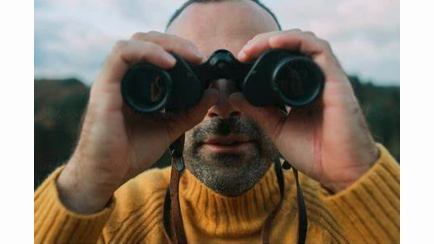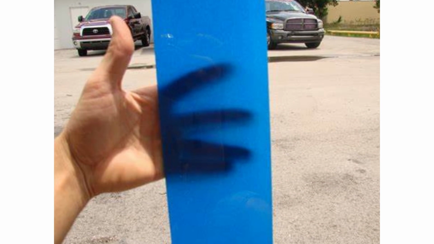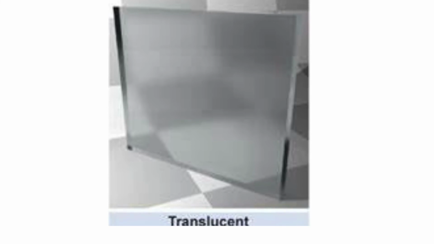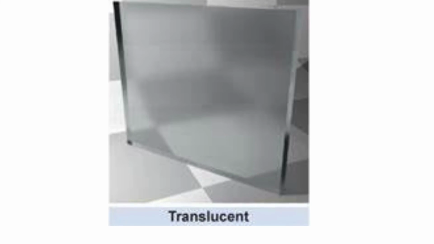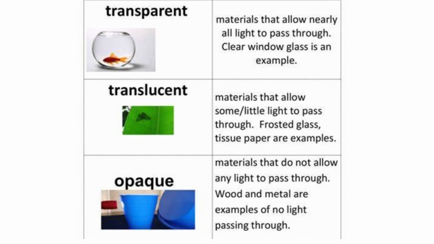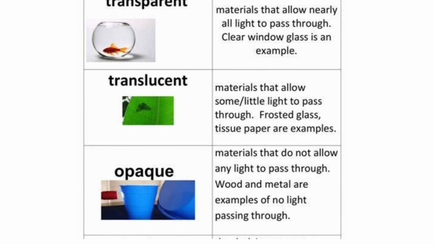But can you see clearly through the oil paper? Is everything on the other side of it visible? Perhaps not. The materials through which objects can be seen but not clearly are known as translucent. We can therefore group materials as opaque, transparent and translucent.